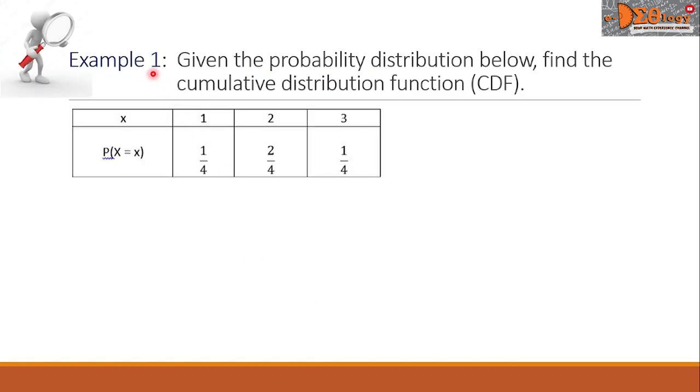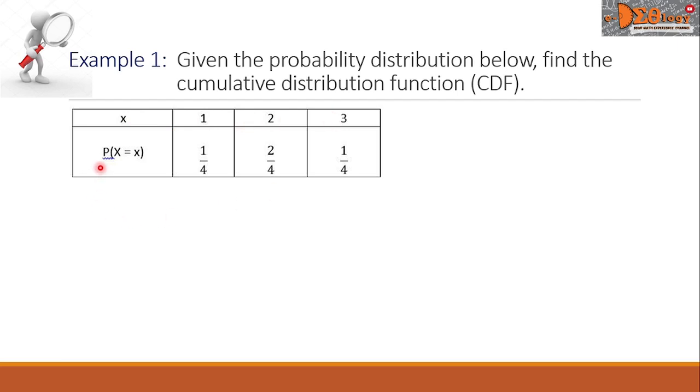Example 1. Given the probability distribution below, find the cumulative distribution function, or CDF. The first row corresponds to variable x, and the values are 1, 2, 3 respectively.